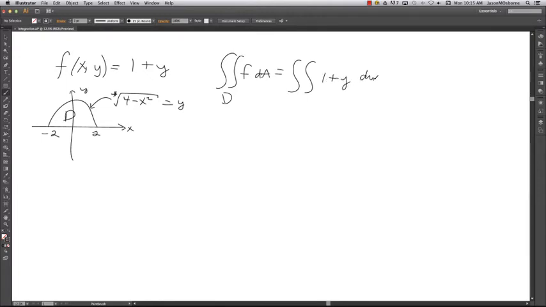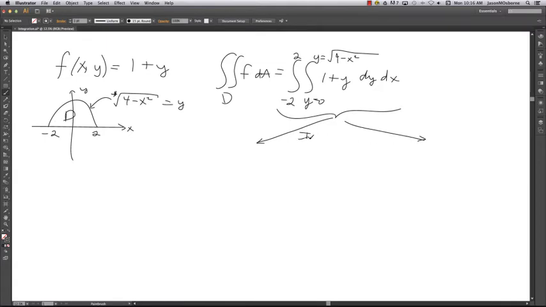If we do this as a dy dx problem, y would go from 0 up to y is equal to the square root of 4 minus x squared. So we're just setting up this double integral, and the question then is, if you could compute this, that this has two different interpretations.